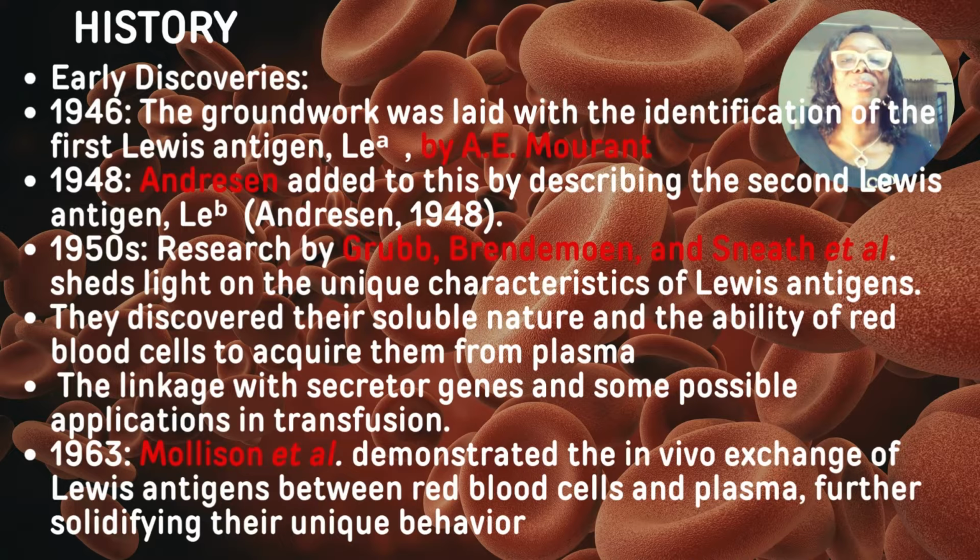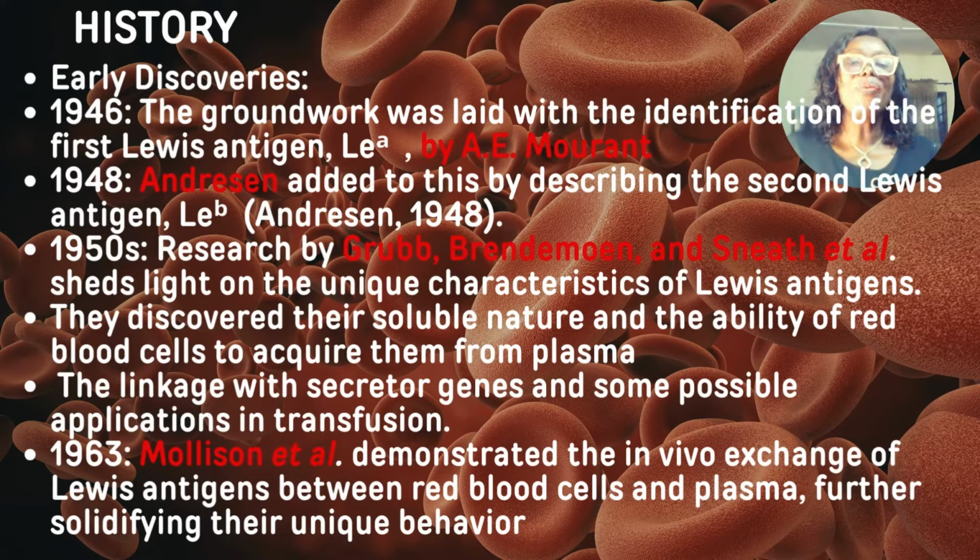And in the 1950s, we have a group of researchers, Grob, Brandimion, Sinnott et al. This group of researchers shed more light on the unique characteristics of Lewis antigens. They discovered their soluble nature and the ability of red blood cells to acquire them from plasma. The relationship between the Lewis antigen and the secretor genes was discovered around this period.